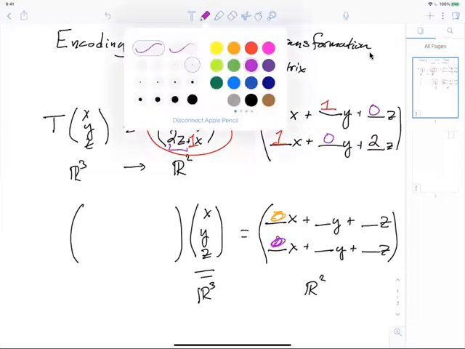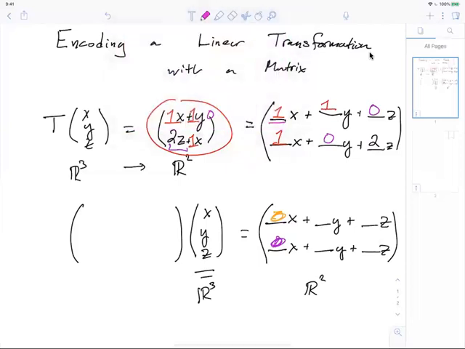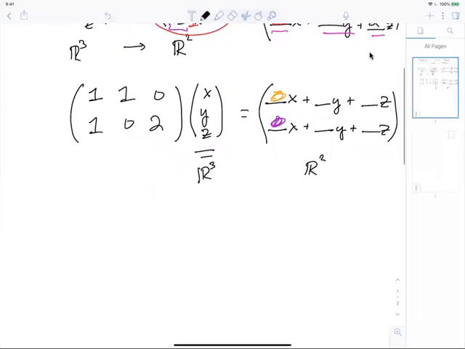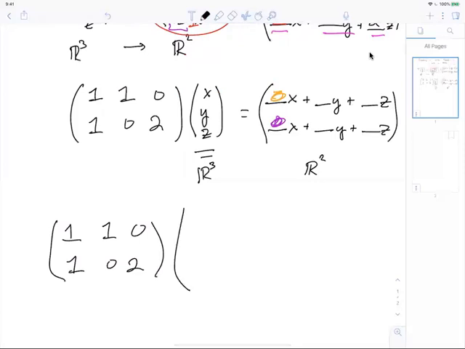Now the beautiful thing is these coefficients are encoding the matrix. This tells us very specifically what that matrix is. We can literally just take the coefficients like this. Now let's actually multiply out what the matrix multiplication does.